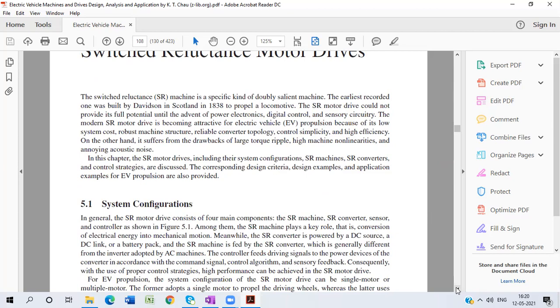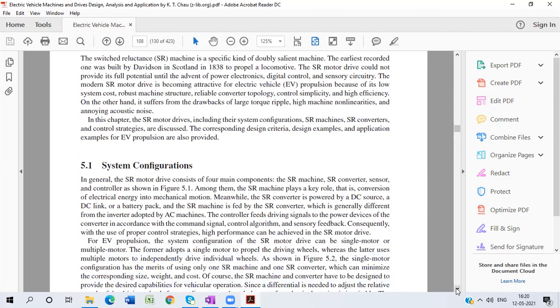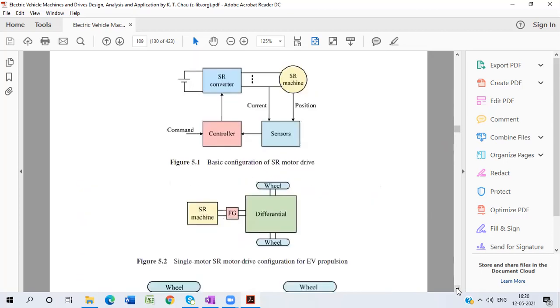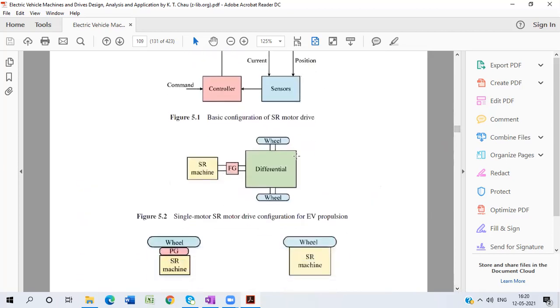You know that the principle of the switch reluctance motor is the variation in reluctance, yes or no? The reluctance will vary, and the switch reluctance motor works accordingly. You have to know the basic things and the configuration. Then this is just a configuration of where the switch reluctance motor is mounted.